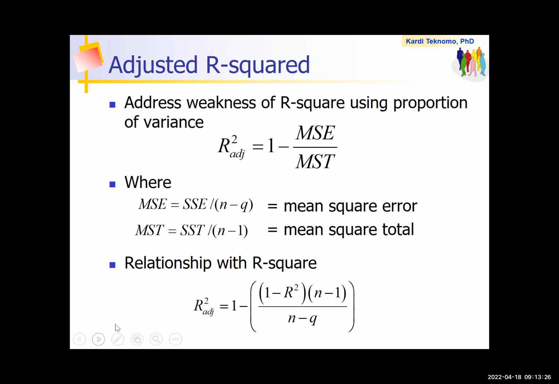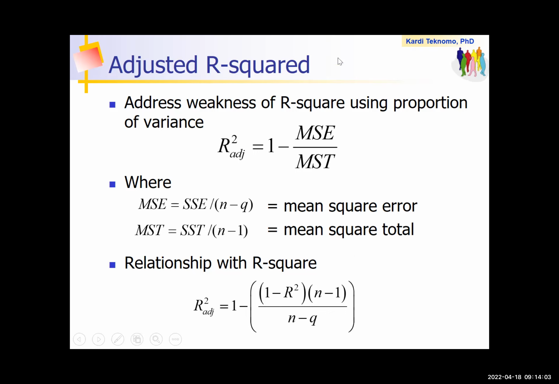To adjust the R square, we use the adjusted R square. In that case, it's not based on the sum square of error, but we use the mean square of error. The same thing with the mean square of total. So this is the new theory: we don't use the R square for multiple linear regression. For simple linear regression it's fine, but for multiple linear regression with a lot of variables, don't use R square. You use adjusted R square.